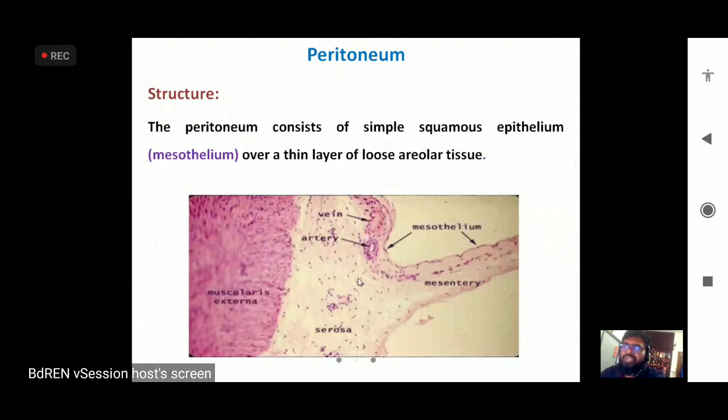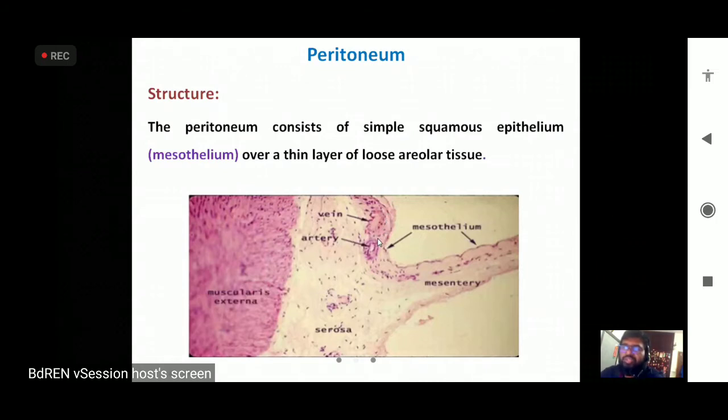This is the connective tissue layer through which the blood vessels and everything pass. This is the serosa, above it is the peritoneum. So from this figure, you can understand that the peritoneum is a passageway for the viscera to get its blood supply and nerve supply.